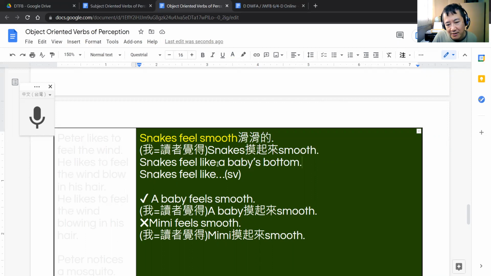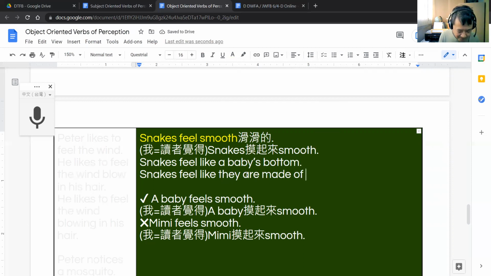Okay, that's an example. That's a metaphor, simile. It's not a very good one, but it is what it is. Okay, so good. And I can say snakes feel like they are made of glass.